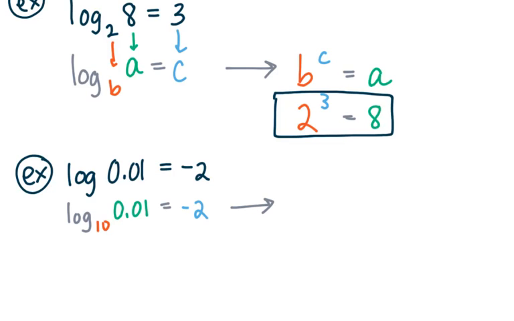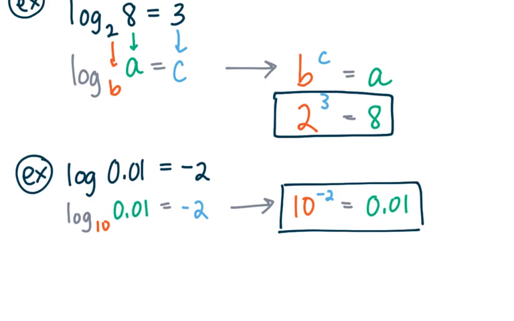And this can be converted: 10 to the -2 equals 0.01. So this is my converted form.